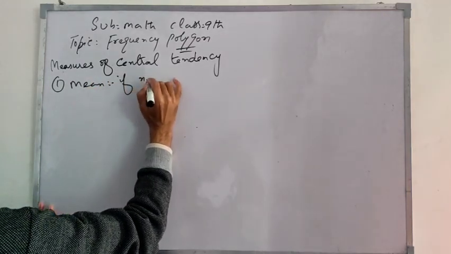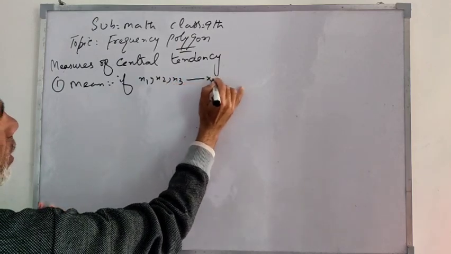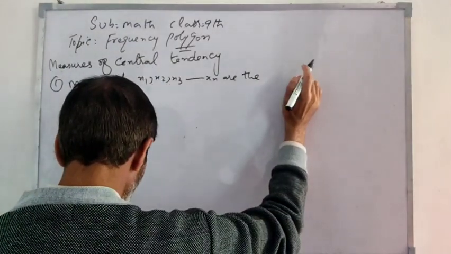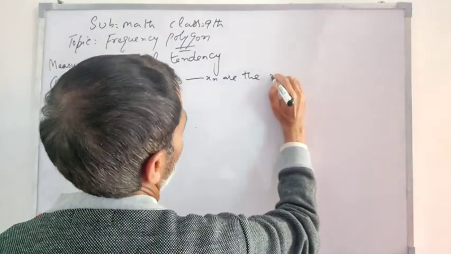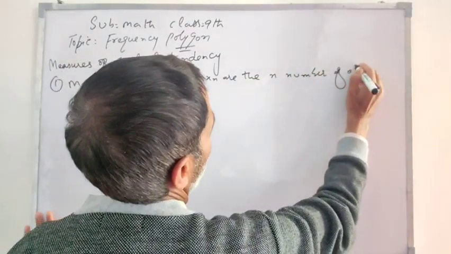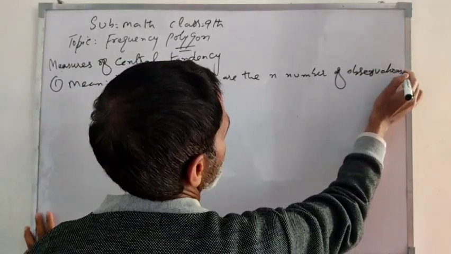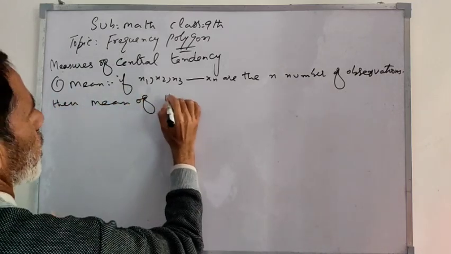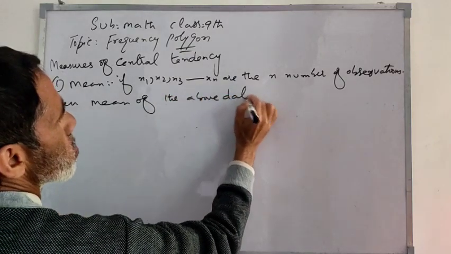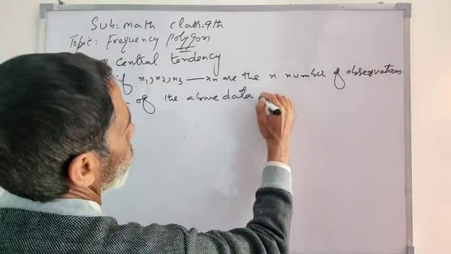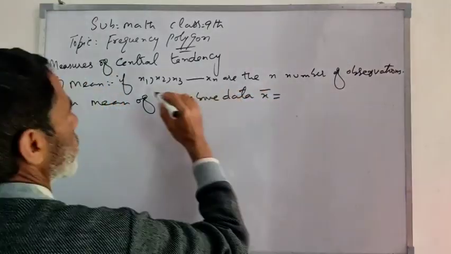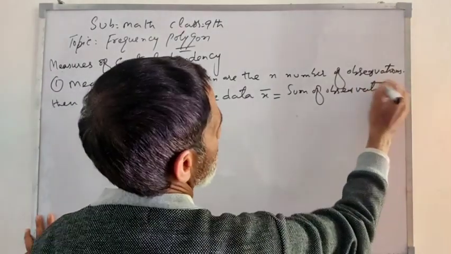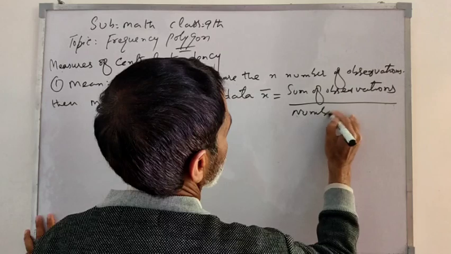If x1, x2, x3, and so on up to xn are n observations, then the mean of the above data, bar x, will be the sum of observations divided by the number of observations.